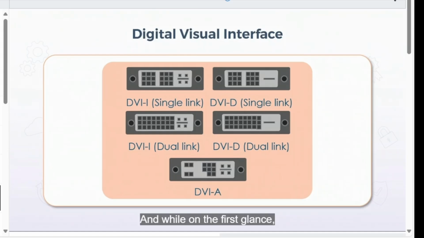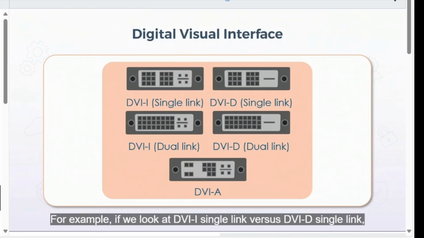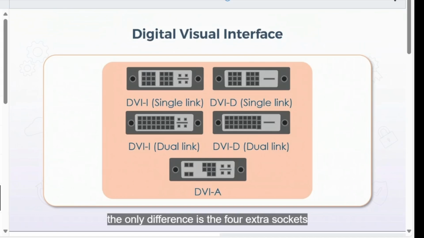and while at first glance, each one might look like it's very specific, some connectors are compatible with each other. For example, if we look at DVI-I single link versus DVI-D single link, the only difference is the 4 extra sockets around that horizontal slot in DVI-I.